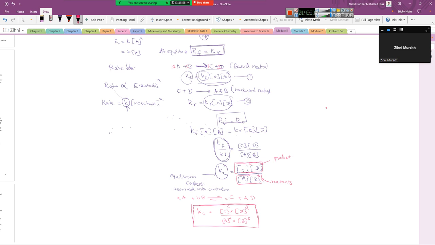So how are you going to write Kc? You put the concentration of the products in the numerator with the coefficient as its exponent, and in the denominator the concentration of the reactants with their coefficients as the exponents. This is how you write the expression for Kc.